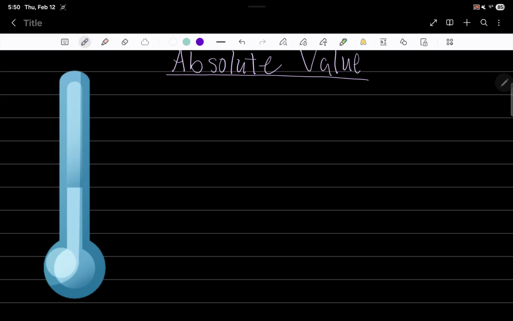Now looking at the thermostat, we have an array of values.